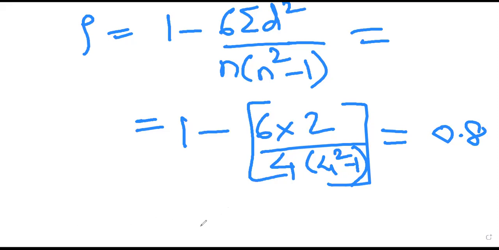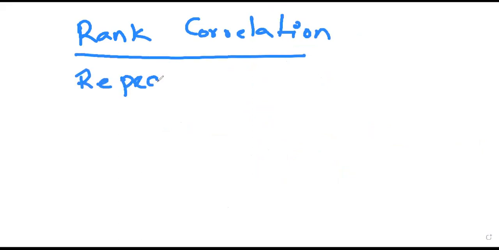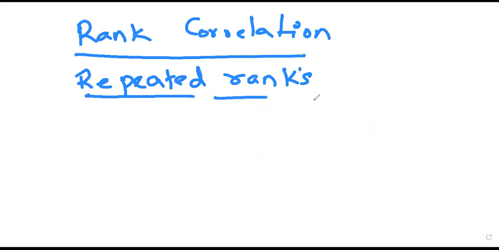We'll go for the next component under rank correlation. Another category is called repeated ranks.